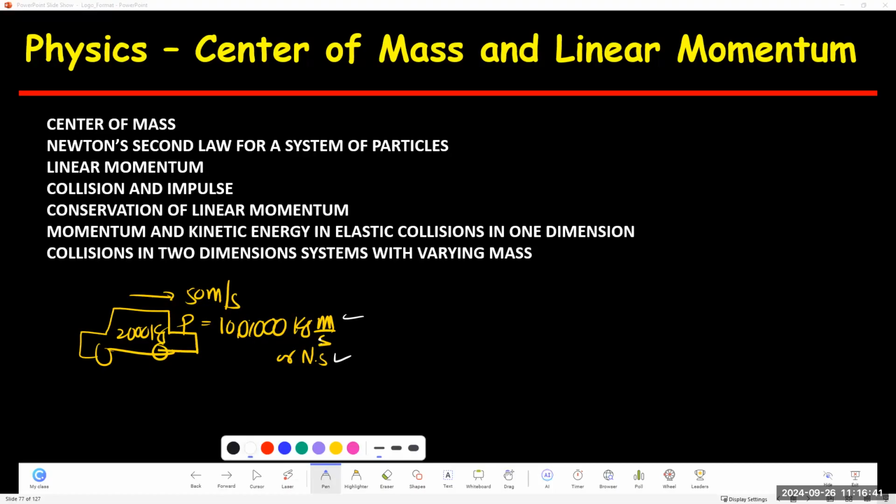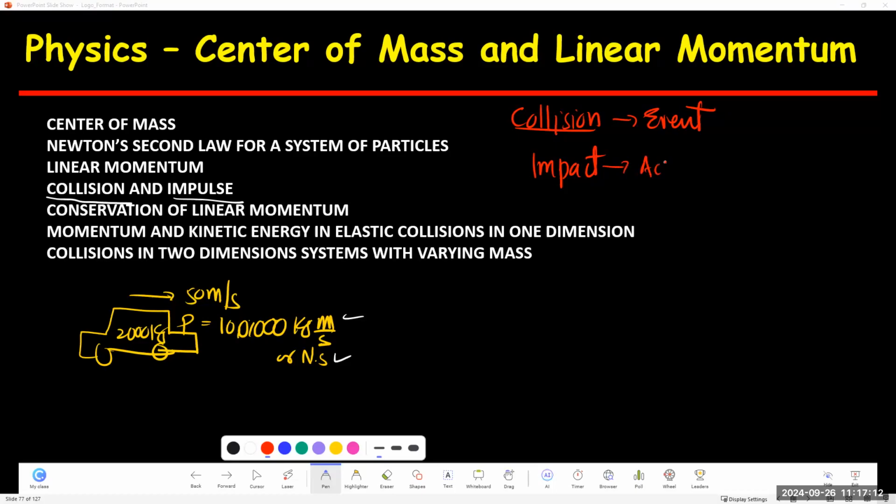Now, the first thing is collision, and the second thing is impulse. So let's distribute this. What is collision? Collision is an event. Collision is an event where two things collide, meaning impact. Impact is an event, right? Usually people have an accident.